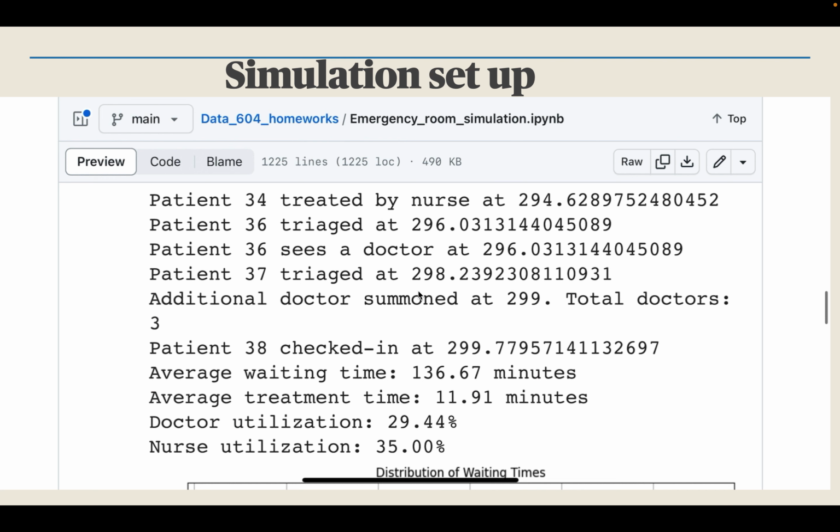The simulation provides insight into resource efficiency and can be used to analyze and improve the health system's performance.